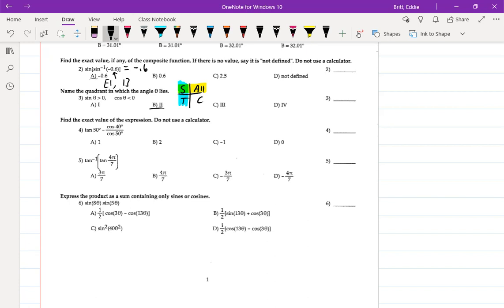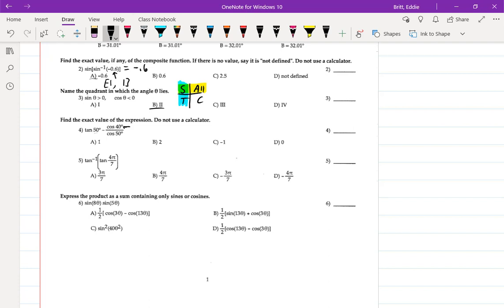All right, this next problem, you're going to have to use the complementary angle theorem. We can change, since this is 50 degrees right here, tangent of 50 minus cosine of 40 over cosine of 50. You want them all to be 50 degrees.